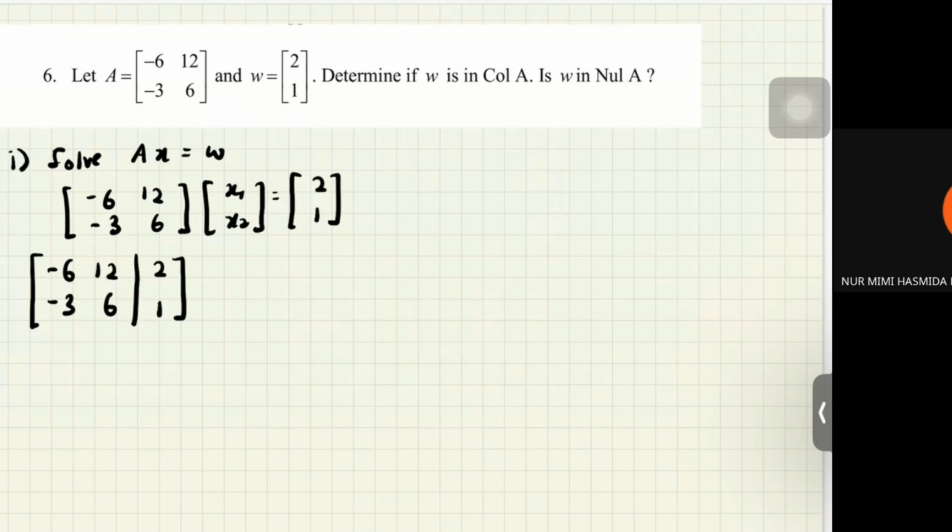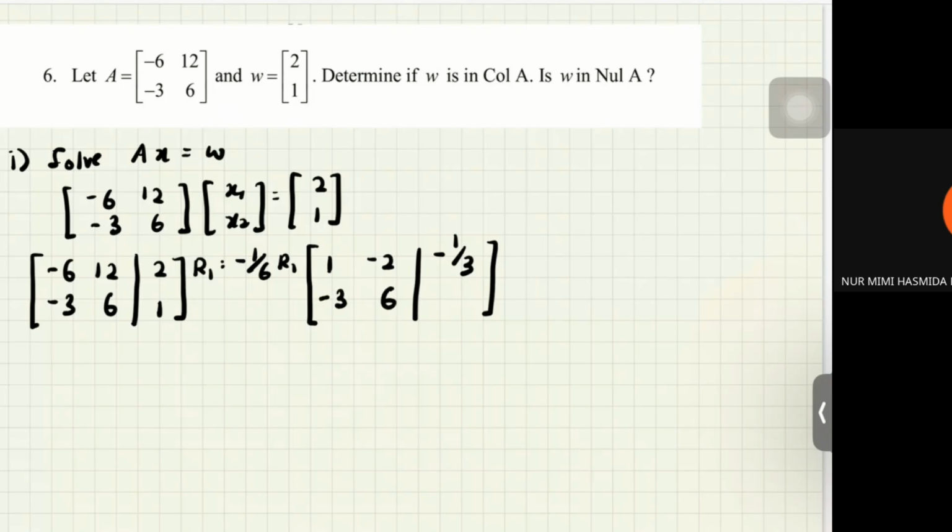You want to change the first row so this becomes 1. So let's divide by -6. So row number 1, the operation will be multiply 1/6 to R1. So it will become 1, -2, and -1/3.